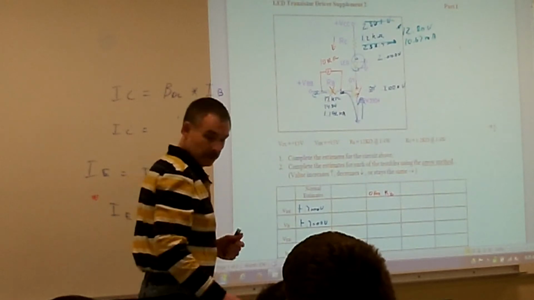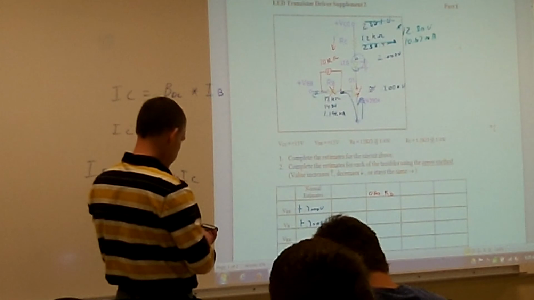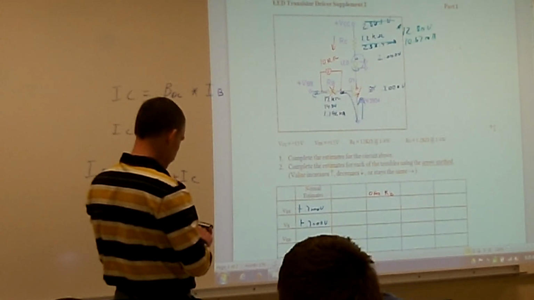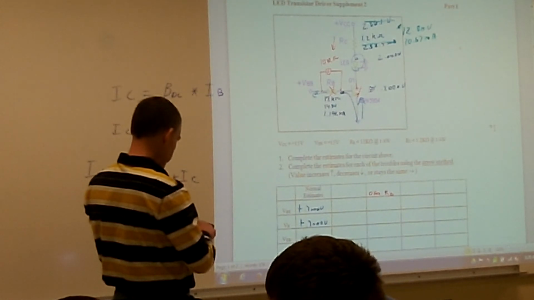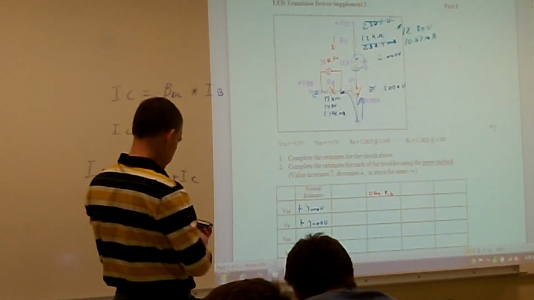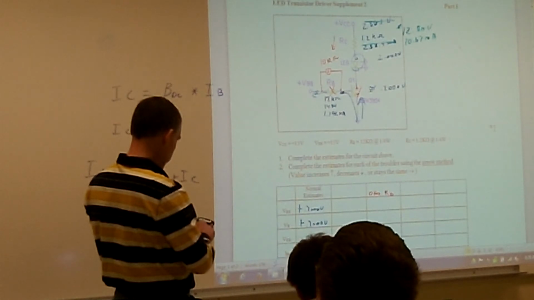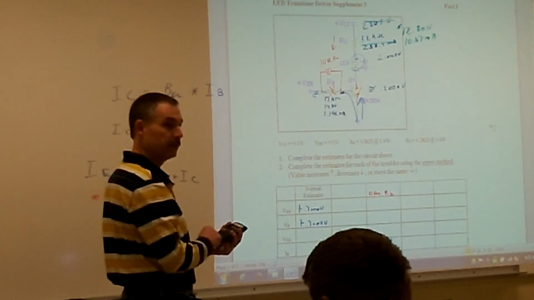Yeah. So just out of curiosity, I'm going to take my 10 megohms and my 14.3. That would be about 14 microamps. About 14 microamps? Yeah.